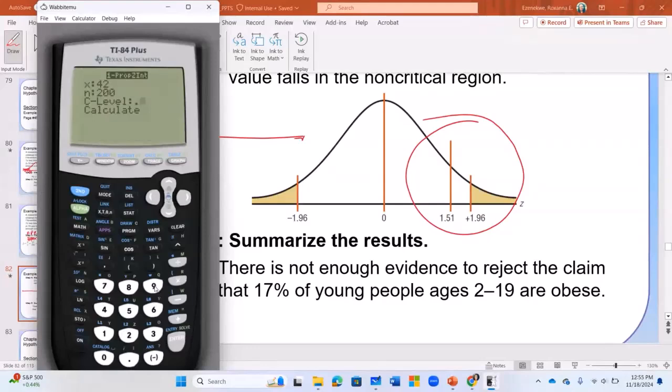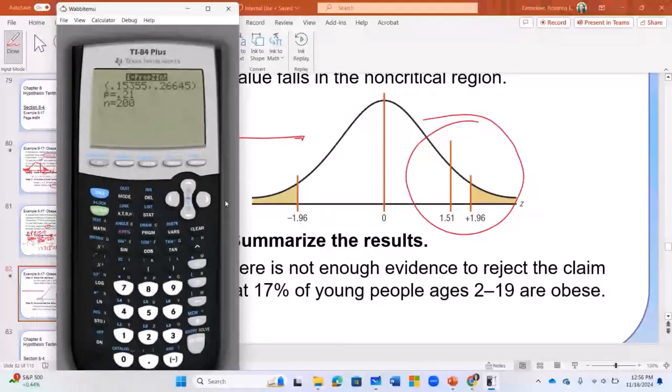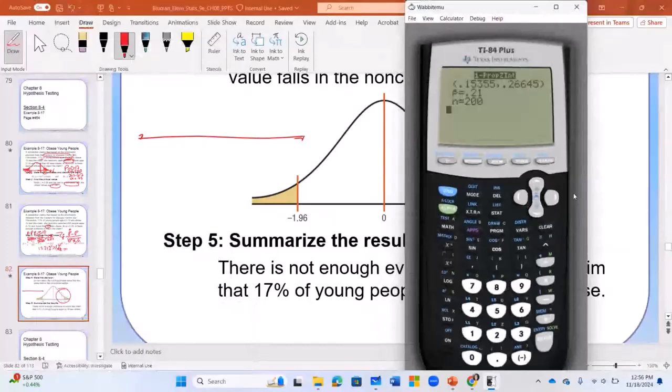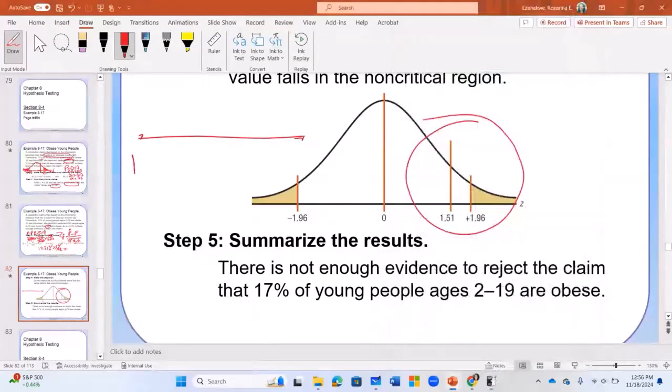We can calculate, and we see that the lower bound of my confidence interval is 0.1536.